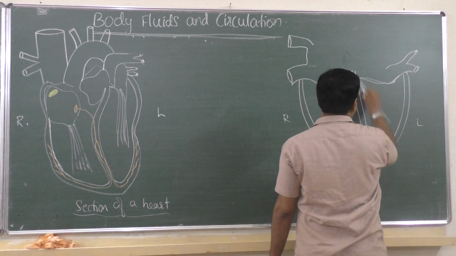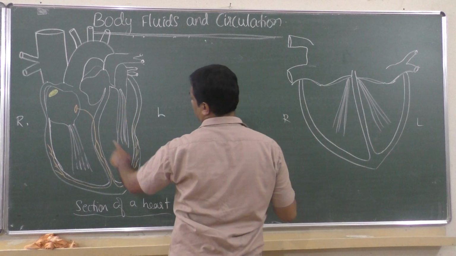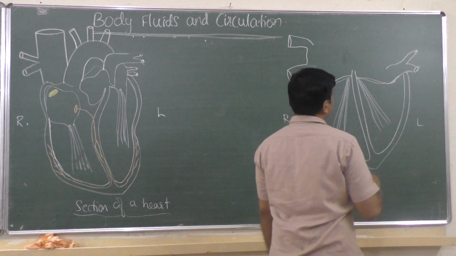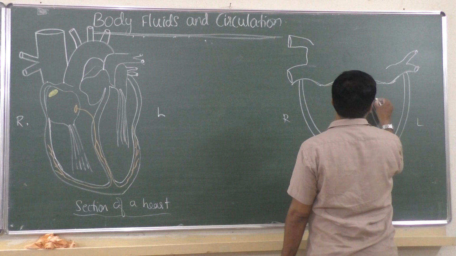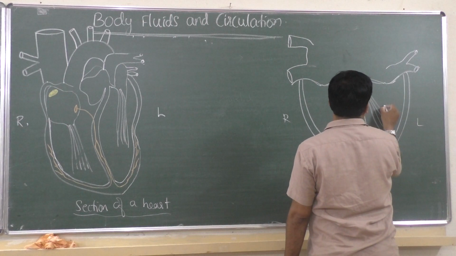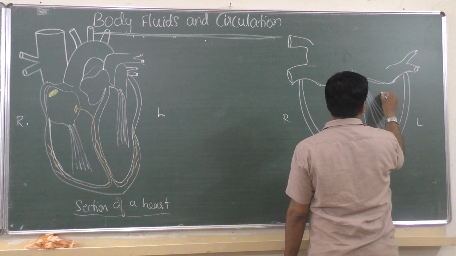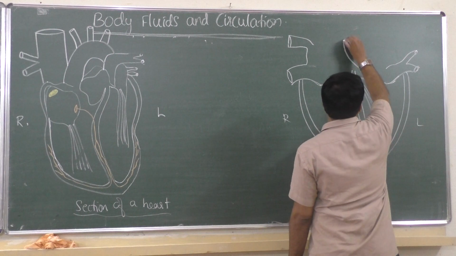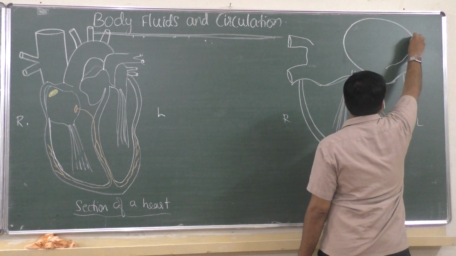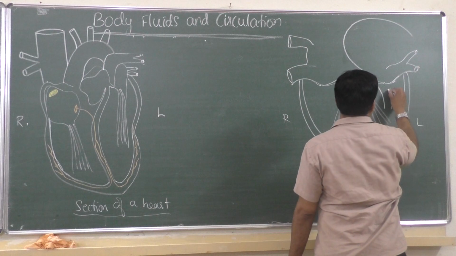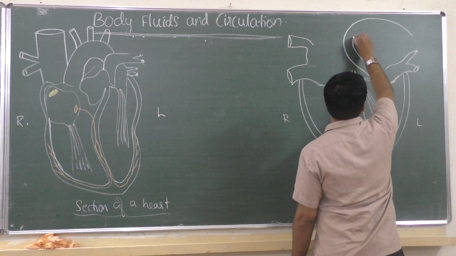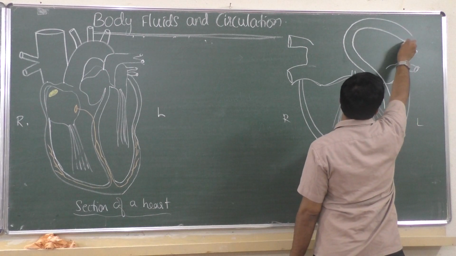This is the same thing what they are showing here. These lines what you see is the same thing. Okay, so from the left side, a tube from the ventricle goes up and comes here. What is that? That is aorta, largest artery.